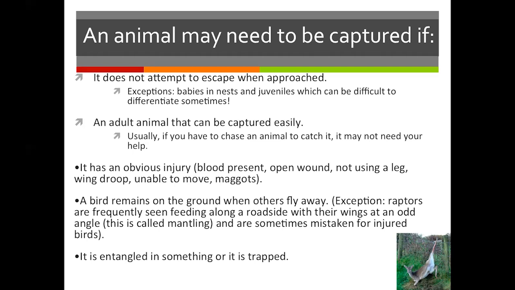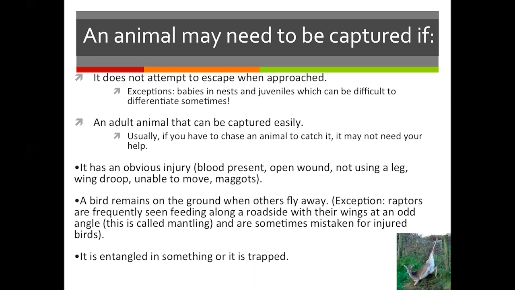So an adult animal that behaves abnormally and lets you approach is very risky or suspicious. And then again, if you see an animal and you think it needs rescuing and you're chasing it for 2 hours, then it may not need rescuing, but you may in fact be harassing this animal.